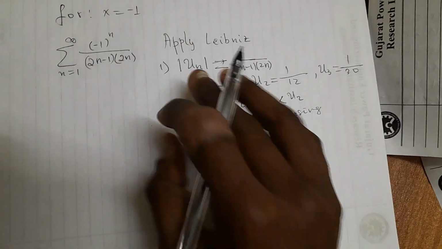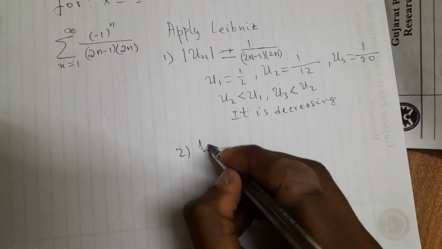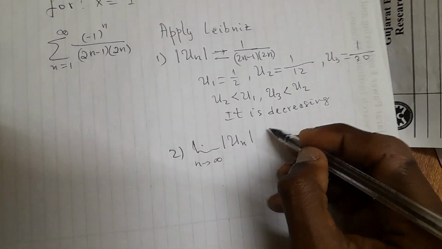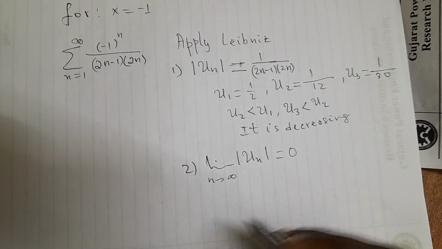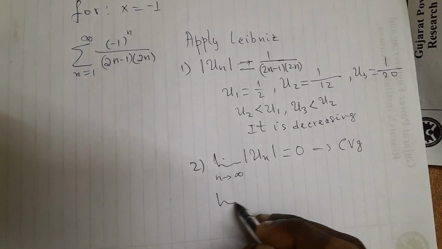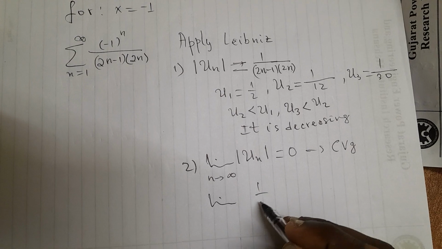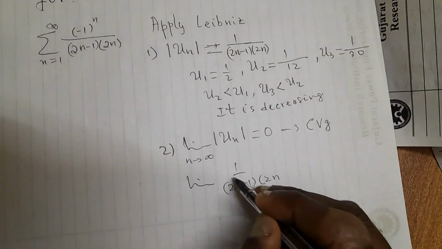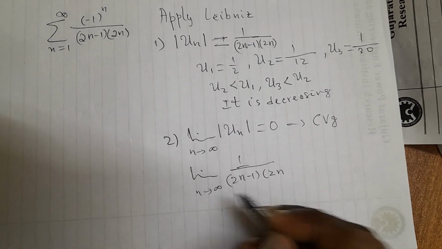Now, it must decrease. Then the limit of the absolute value of un must be 0 for this to be convergent. Now let us calculate this limit. The limit of 1 upon (2n minus 1) and 2n, as n goes to infinity.